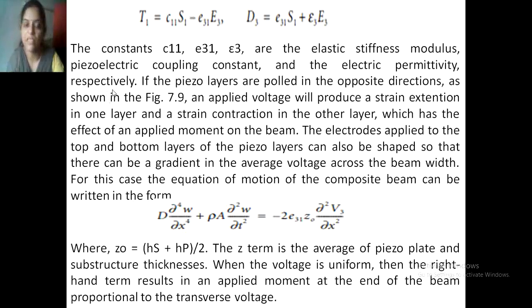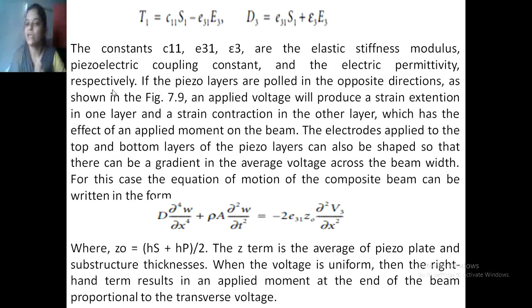So if the piezo layers are poled in the opposite direction, as shown in the figure, an applied voltage will produce a strain extension in one layer and a strain contraction in the other layer, which has the effect of an applied moment on the beam.